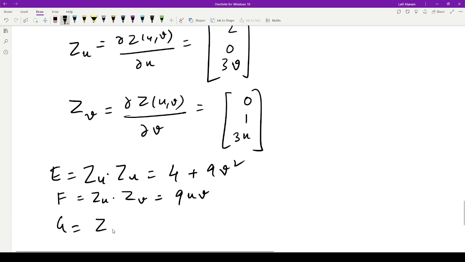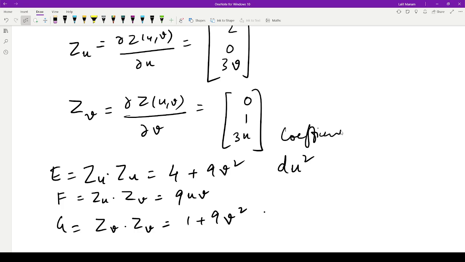G is Zv dot Zv, which is 1 plus 9v square. So you got E, F, and G, and this is the coefficient for du square, this is du dv, and this is dv square.